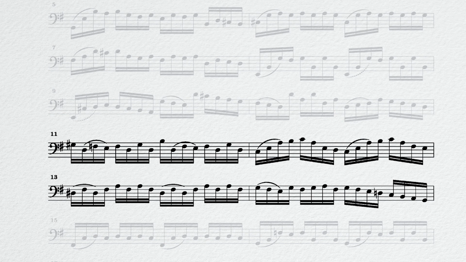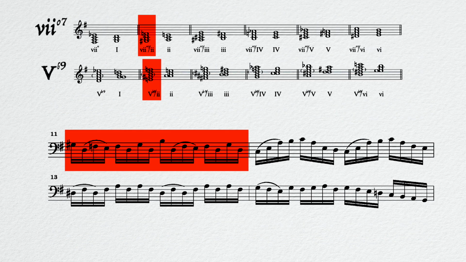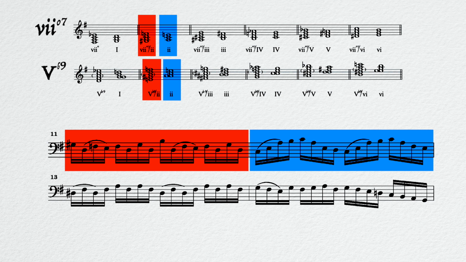Measure 11 presents either a G sharp diminished 7th chord or an E dominant minor 9th. This depends if you want to view the E as an auxiliary note or actually part of the harmony. Whether it's a 9th or a 7th, the result remains the same, which is that it leads us to A minor in measure 12.